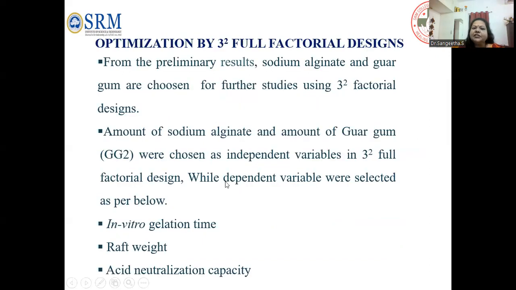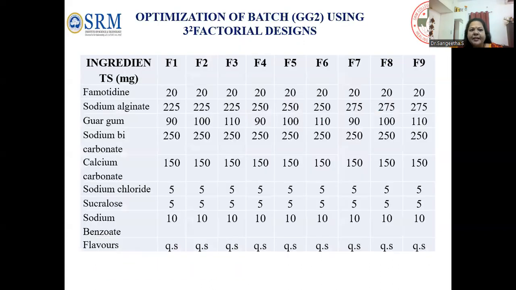The optimization of the preparation was carried out with a 3-square factorial design. From the preliminary results, sodium alginate and guar gum were chosen for further studies using the 3-square factorial design. The amount of sodium alginate and the amount of guar gum were chosen as independent variables in the 3-square full factorial design, while the dependent variables were in vitro gelation time, raft weight, and acid neutralization capacity.